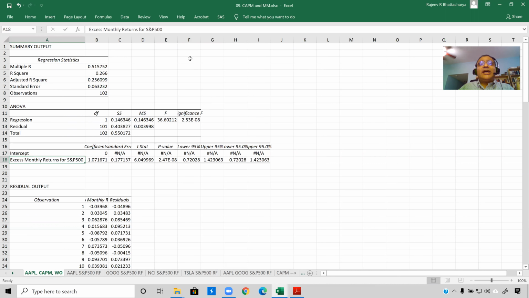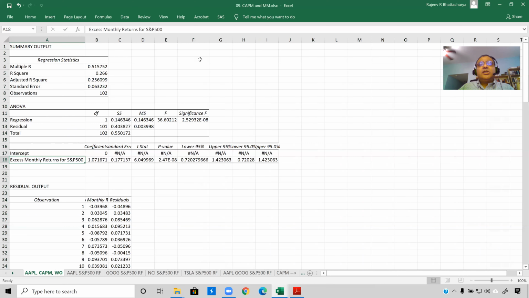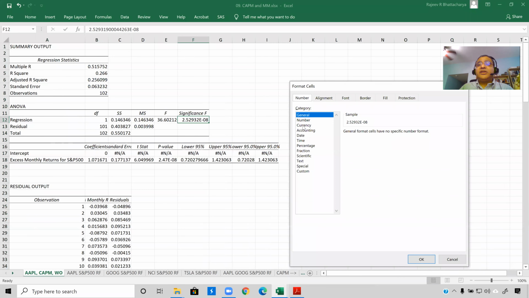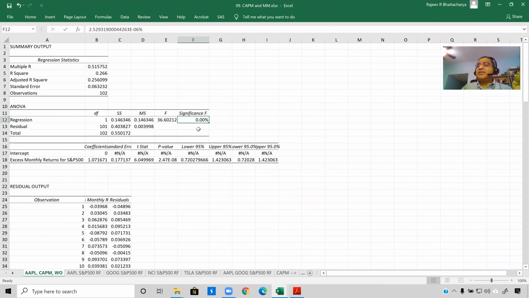In order to do that, we look at the F test for the model itself. So let's go to this Significance F, and let's put it in percentage terms. We find the p-value is very, very low. It's 0 with 2 decimal points. So the model is significant.